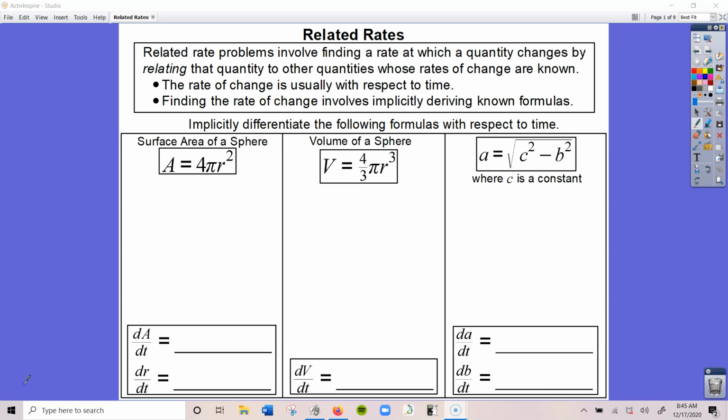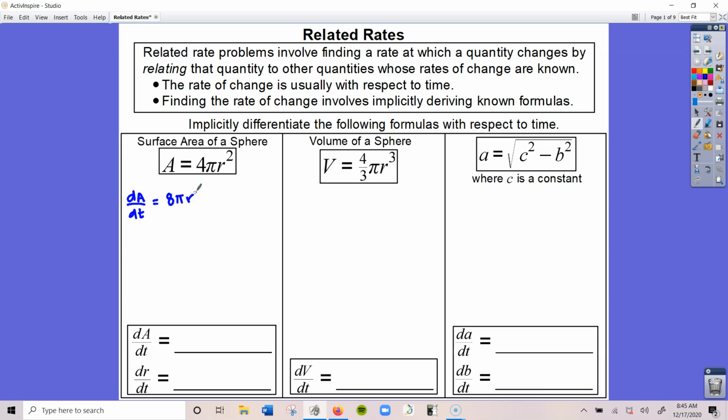So this first equation is the surface area of a sphere. A is equal to 4 pi r squared. If I were to find the derivative, it would be dA dt, so that's the derivative of area with respect to time, equal to 8 pi r.